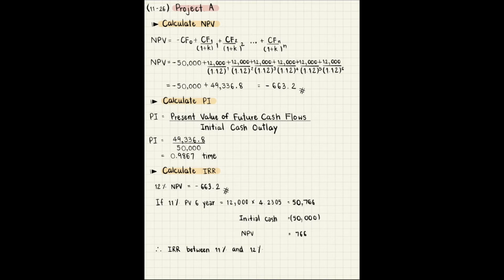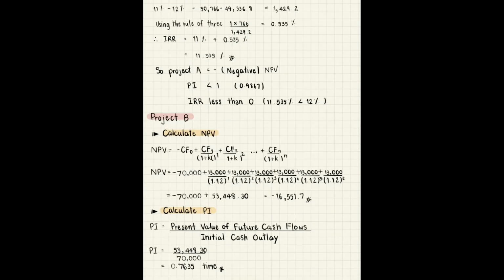So let's find out how much percent. 11% minus 12%. So we get 50,766 minus 49,336.8, which is equal to 1,429.2. And then we're using the rule of 3: 1 multiplied by 766 divided by 1,429.2 is equal to 0.535%.